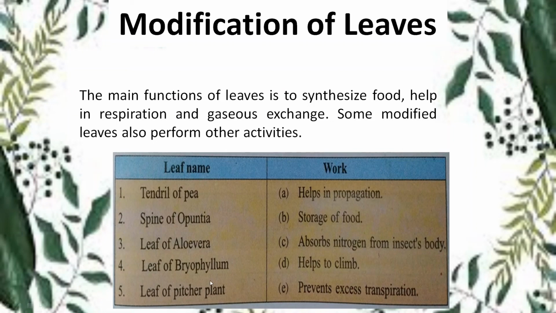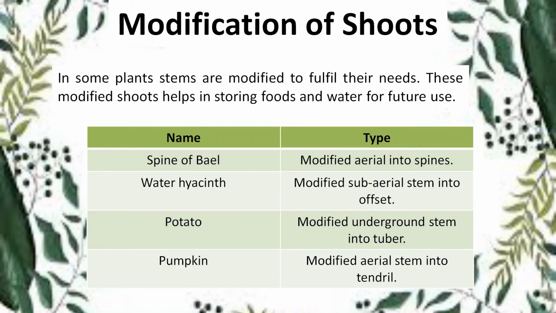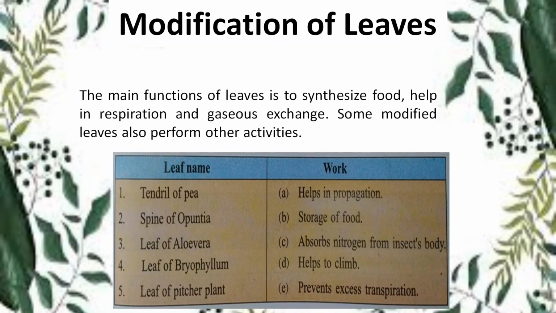See, leaf of bryophyllum helps to climb, and leaf of pitcher plants prevents excess transpiration. So, these are the modifications which the plants have undergone to fulfill their needs or requirements. So, this much for today.